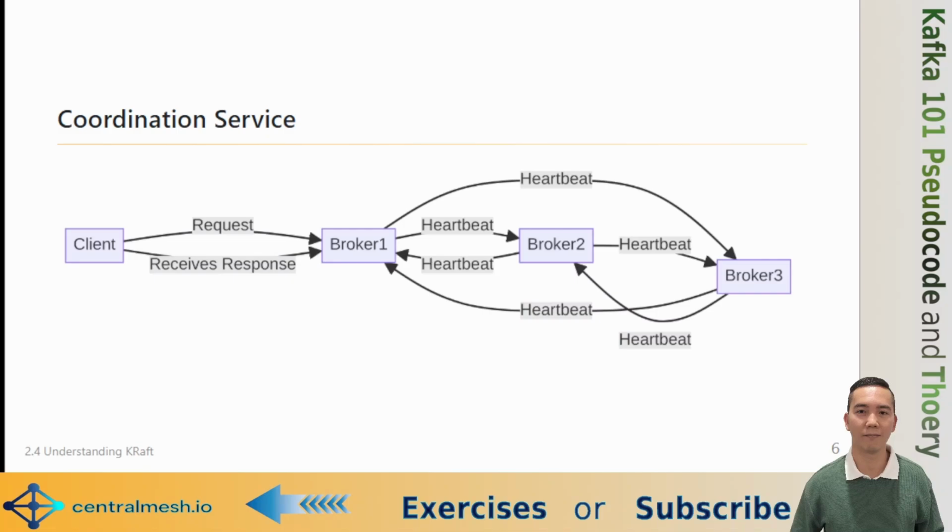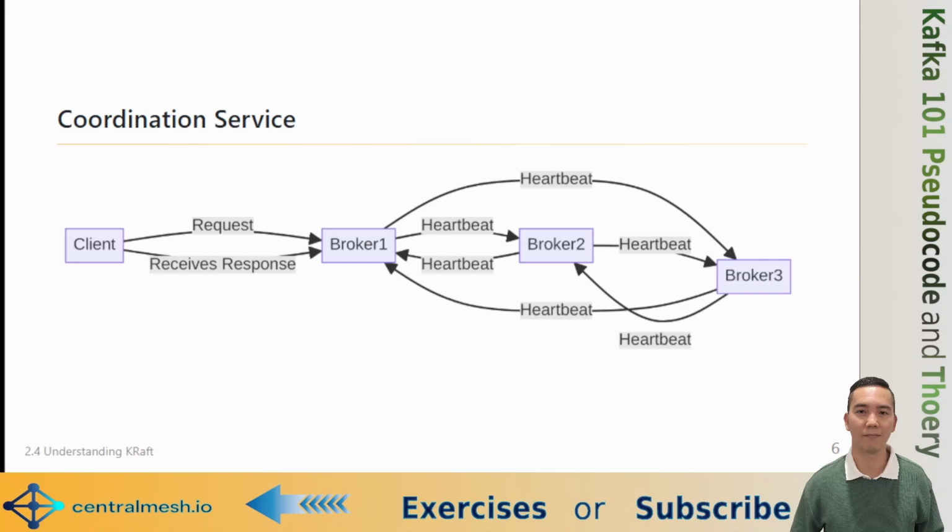KRaft immediately notices this and initiates the leader election process. In our case, broker 2 gets elected as the new leader, and it starts handling the incoming client requests. This ensures that Kafka remains available and operational, even though one of the brokers is down.